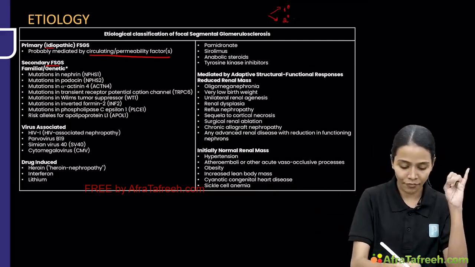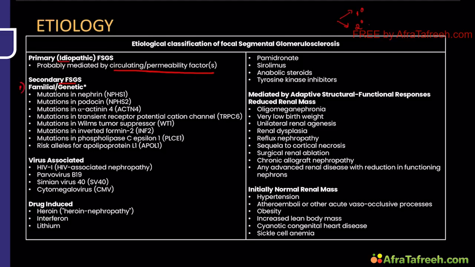So, the major sections are, first, genetic, like in anything else. Then infections, that is virus associated, then drug induced, then mediated by adaptive structural functional response to reduced renal mass. So, fourth section, just remember when the whole renal mass gets reduced. And fifth is when there is initially normal renal mass. Okay. So, secondary is divided into 5 sections. First is genetic, like any other cause.